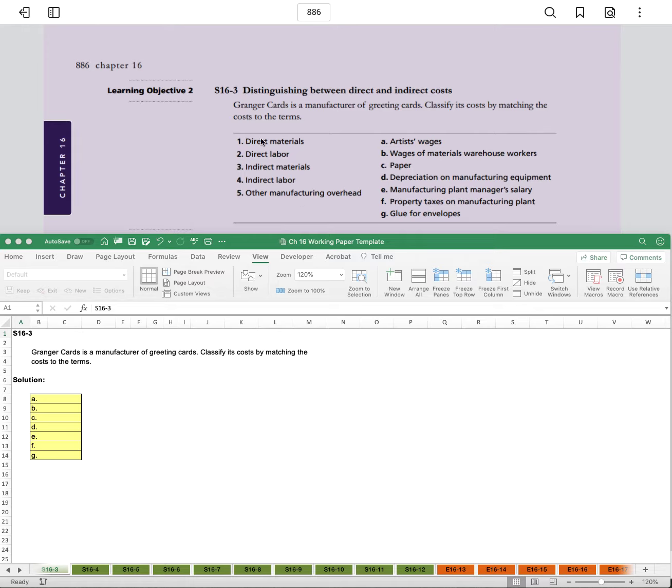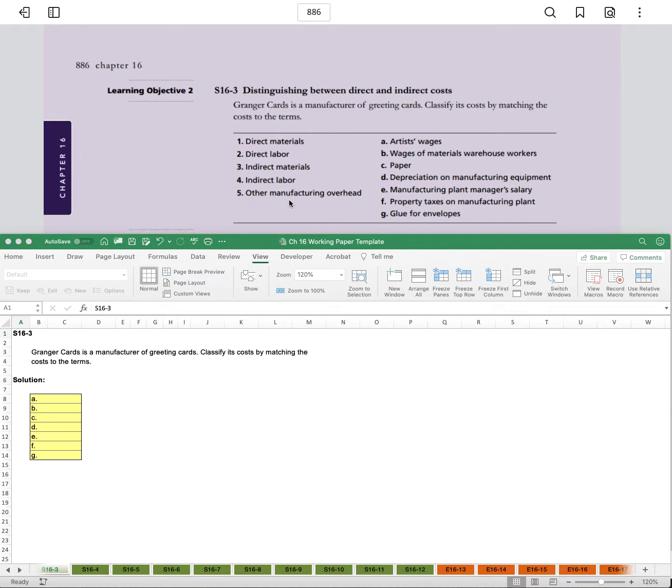Just remember that direct materials and labor would be things that we can easily and cost effectively tie back to the product itself, whereas the indirect wouldn't be as obvious or feasible for us to measure back to the product, but it's still a product cost. So it's still required to get that product completed and ready, but it's not directly tied to one single product.